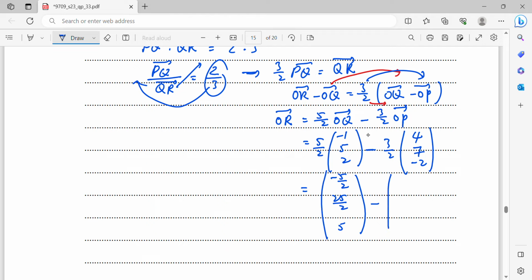Then minus 3 over 2 times 4 will be minus 6. Then 3 over 2 times 7 is 21 over 2. 3 over 2 times minus 2 will be negative 3.